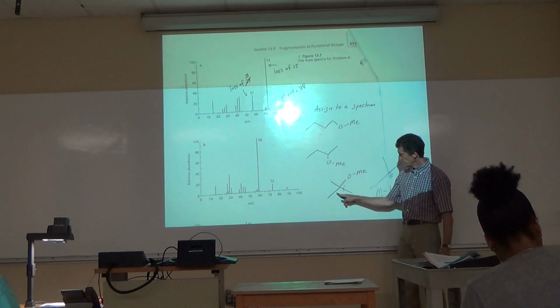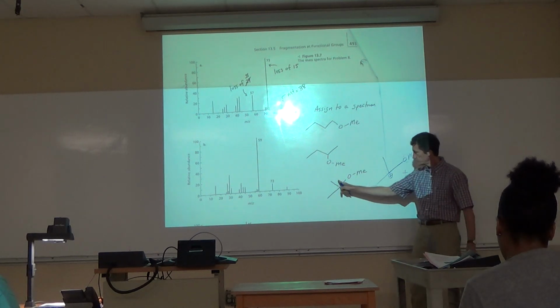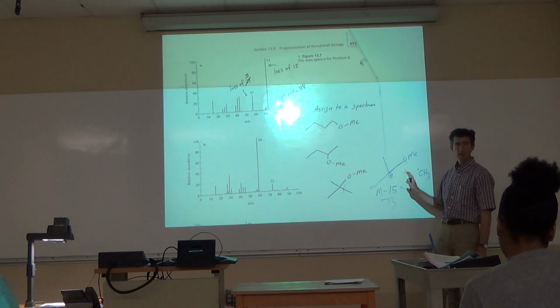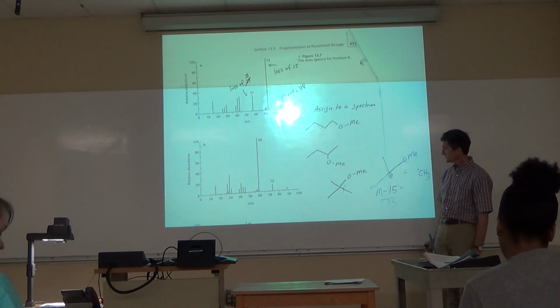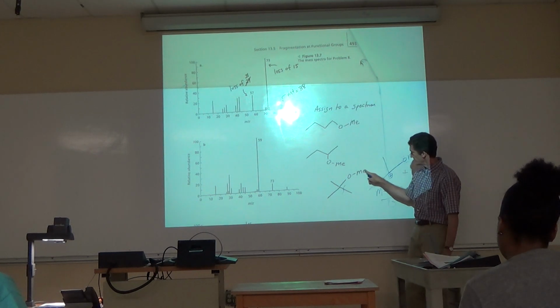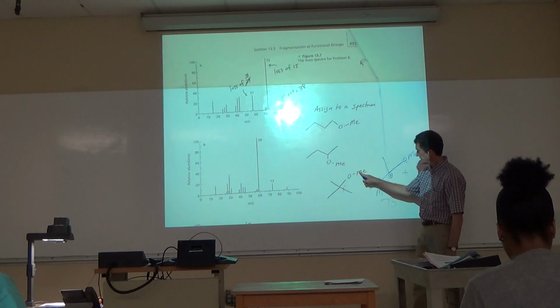All right, we can also cleave here and make the same cation. We can also cleave there and make the same cation. So cleavage here, here, here, it's all the same thing. Nothing different. Up here, alpha cleavage would involve cleaving a what? That's a CH3.